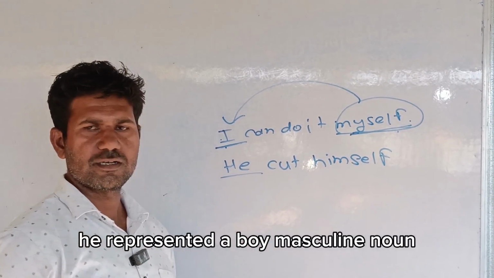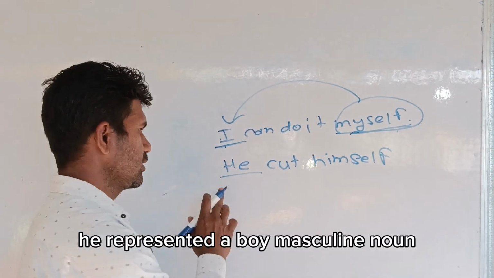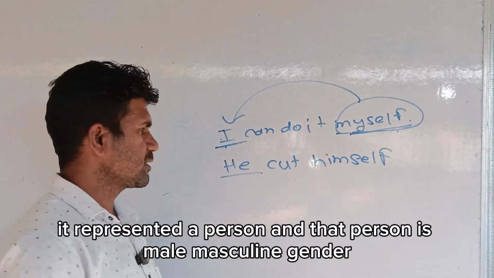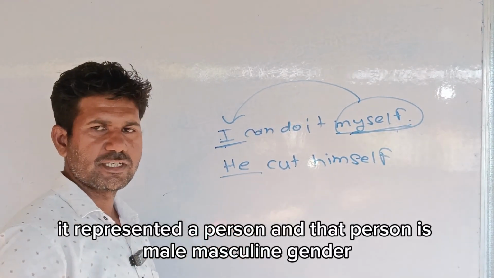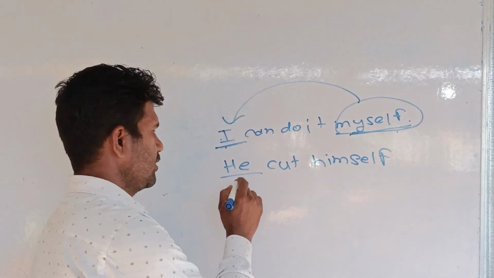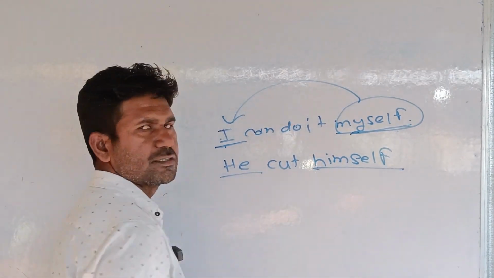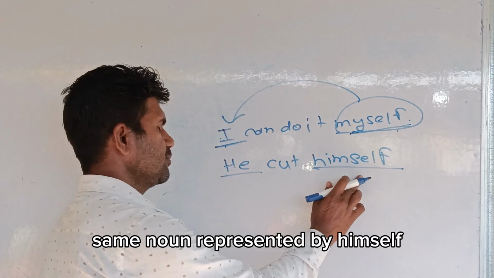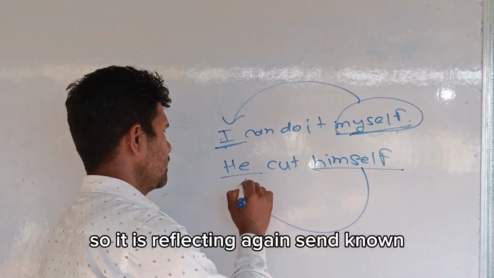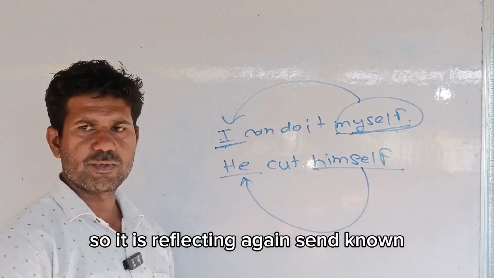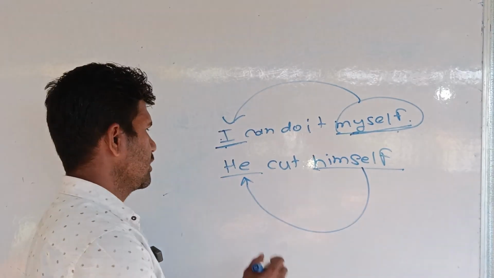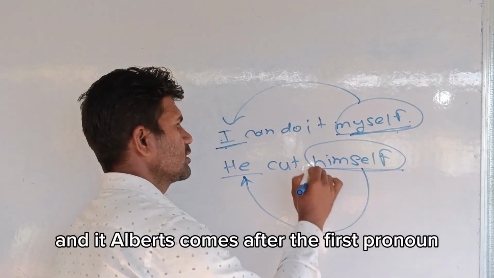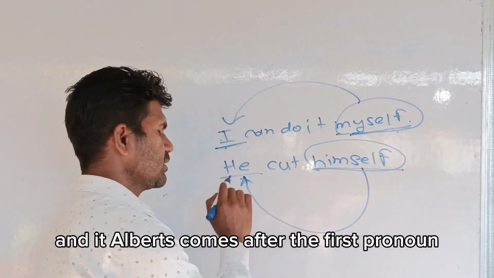He represented a boy, a masculine noun. It represented a person, and that person is male, masculine gender. Again, the same person, the same noun, is represented by himself. So it is reflecting the same noun again, and it always comes after the first pronoun.